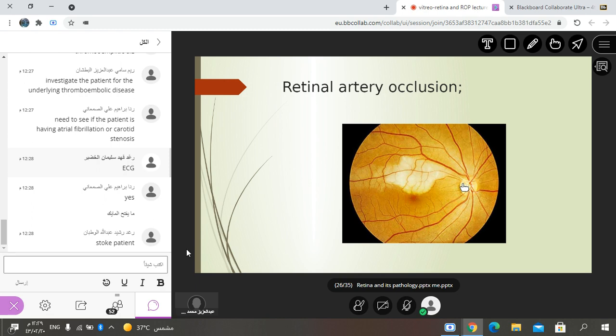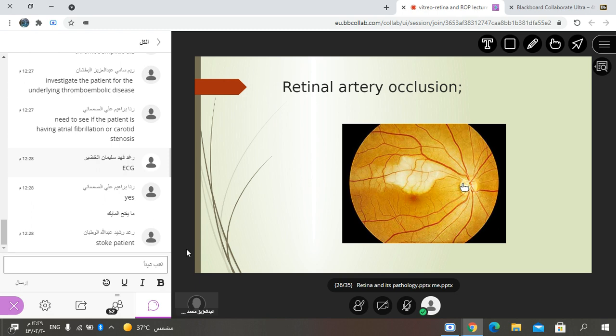This is very important. There is a relationship between ophthalmology and systemic disease. Sometimes it is a very dangerous underlying condition that you need to rule out. You might be the first one facing and diagnosing this patient. If the patient has atrial fibrillation, maybe the next episode is a stroke.